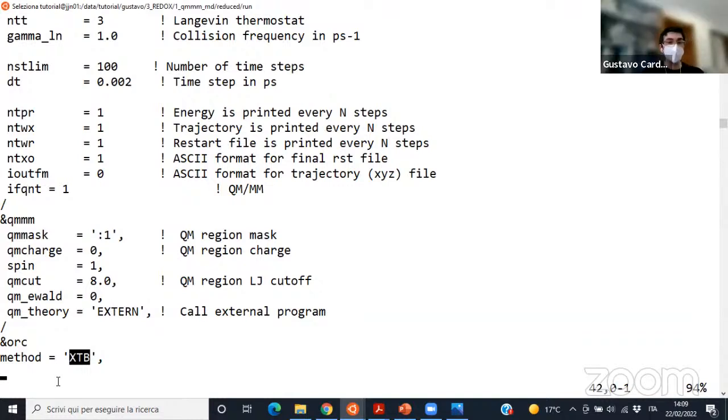Okay. Then yes. Now you don't have to change anything in your PDB, or for that matter in your topology, because the topology simply gives you the information about what atoms are in the system and what the corresponding point charges are. Now, this is one step ahead, in the sense that here you choose which atoms or which molecules are going to belong to the QM region.